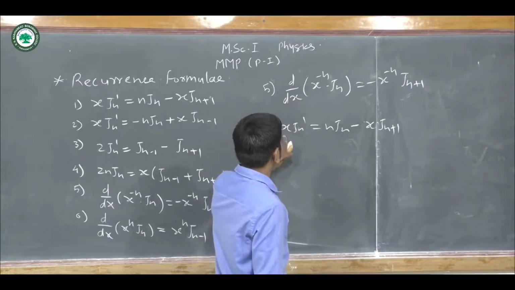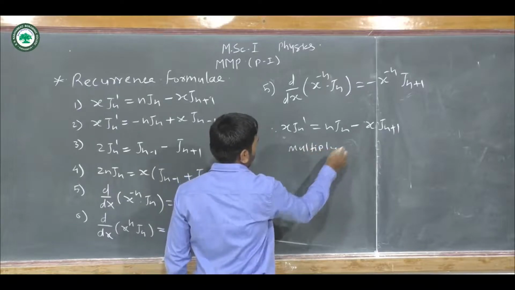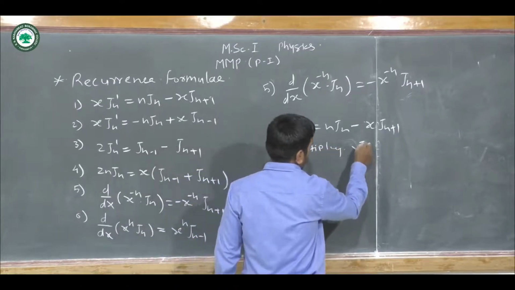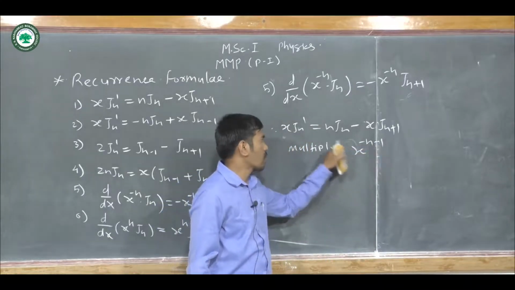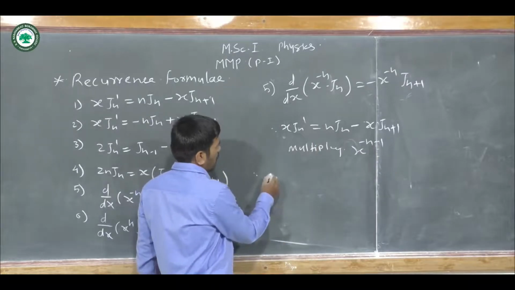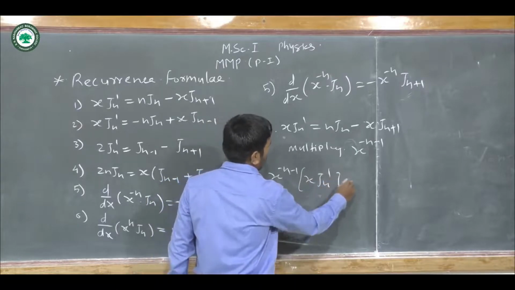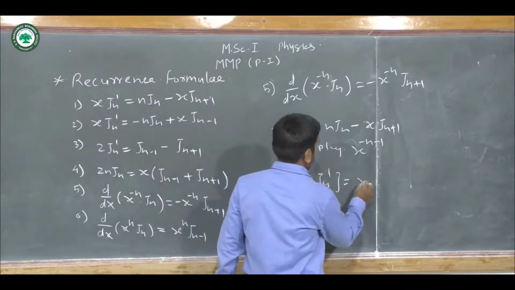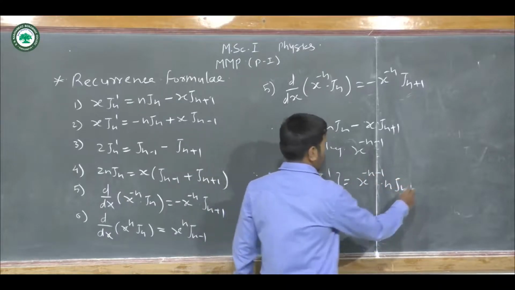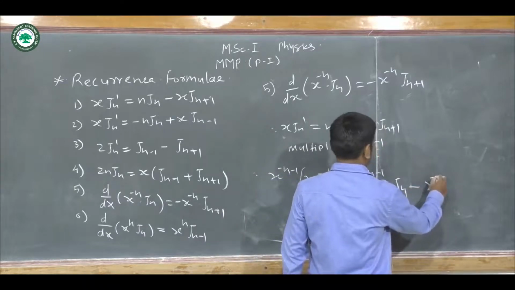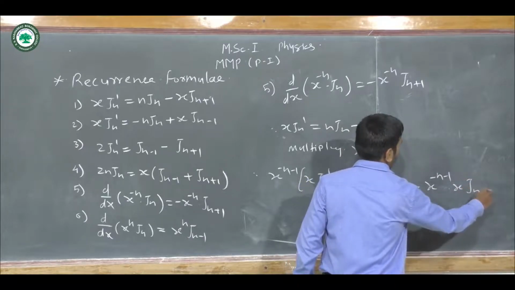Multiply this formula by x power minus n minus 1. So this becomes x power minus n minus 1 into x Jn prime is equal to x power minus n minus 1 into n Jn minus x power minus n minus 1 into x Jn plus 1.